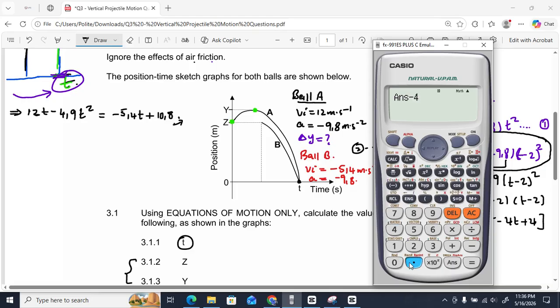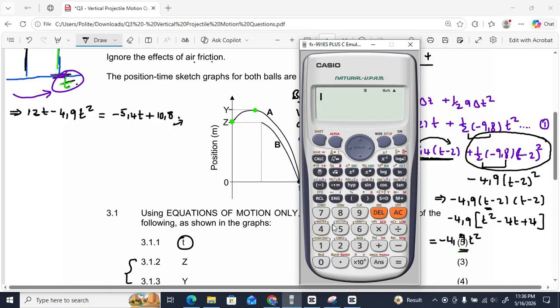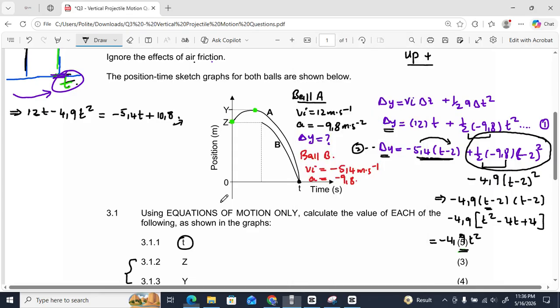Negative 4.9 multiplied by negative 4 gives us positive 19.6t. Then we already know that 4.9 times 4 is 19.6. When you say minus 4.9 times positive 4, it will give us minus 19.6.